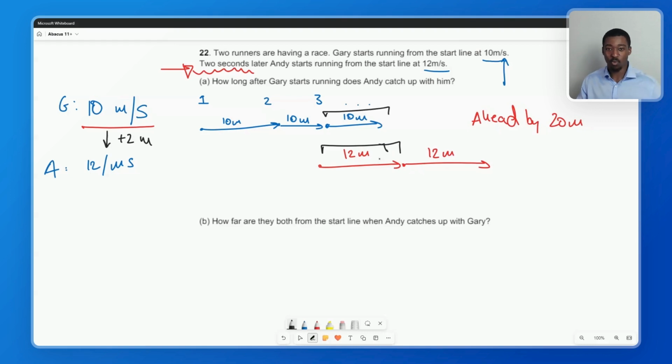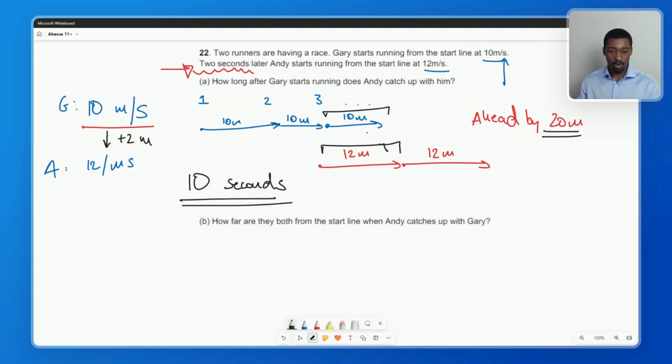So effectively, we can work out this question by thinking about how long it will take Andy to make up that 20 meter gap. And of course, if he's running 2 extra meters every second, it will take him 10 seconds to make up that 20 meter gap. 10 seconds times 2 meters gives us that 20 meters.